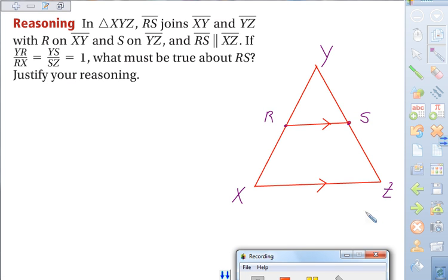They tell us when I do this proportion, YR over RX equals YS over SZ, that ratio is going to equal 1. So then what has to be true about RS? That means when I divide RS by XZ, I'm supposed to figure out a relationship there.